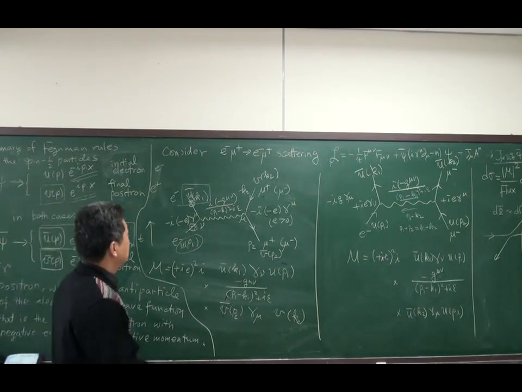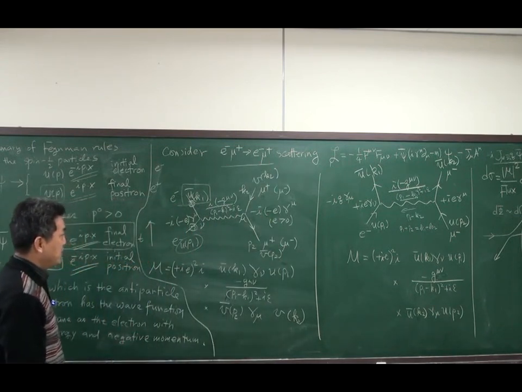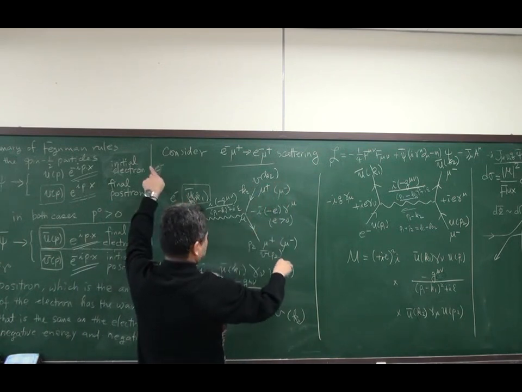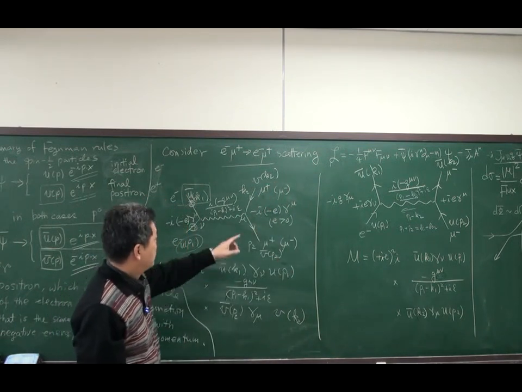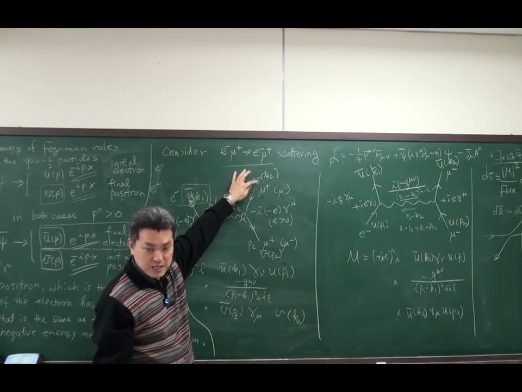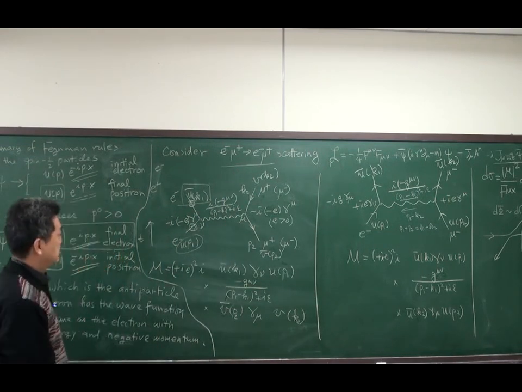Suppose we consider e minus mu plus to e minus mu plus. Then they are moving like that. Mu plus is the same as negative energy. Mu minus is coming from the future to the past.